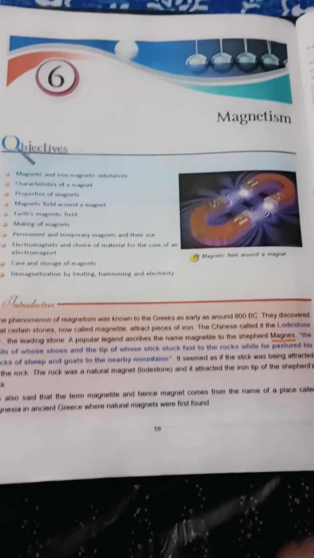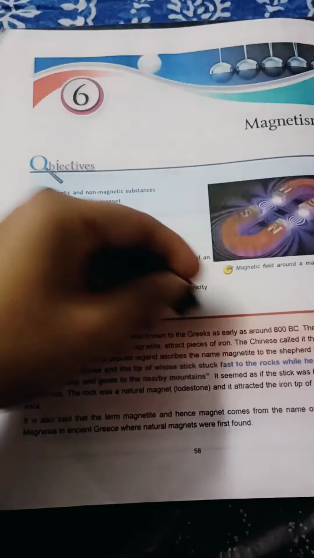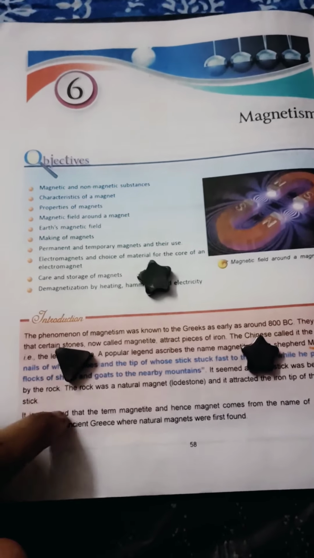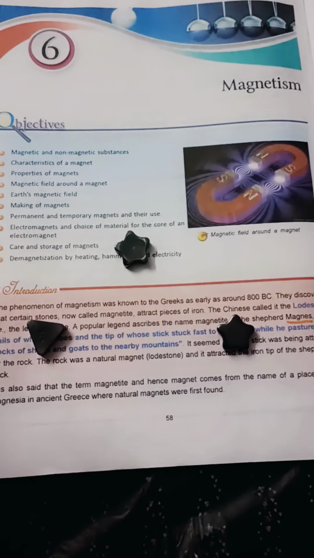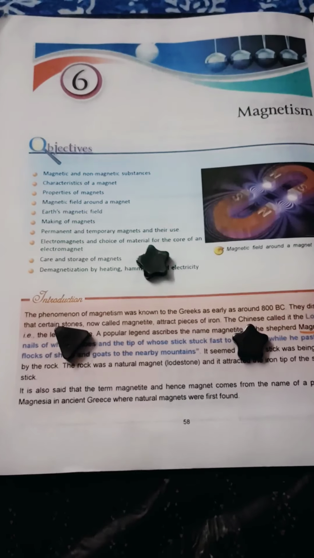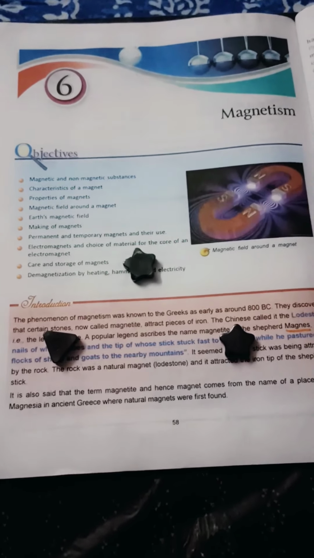Now see students, there are two kinds of magnets. This one is an artificial magnet, because it is man-made, and there are natural magnets in the form of some rocks or stones. They are called natural magnets.